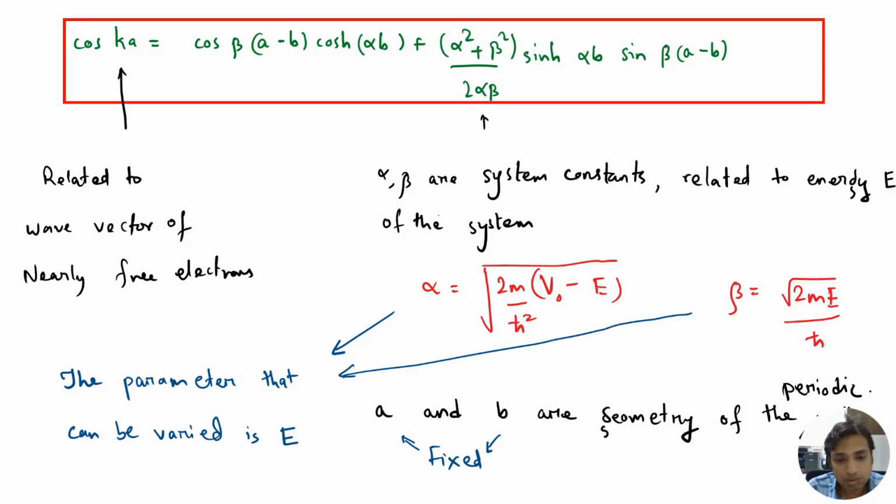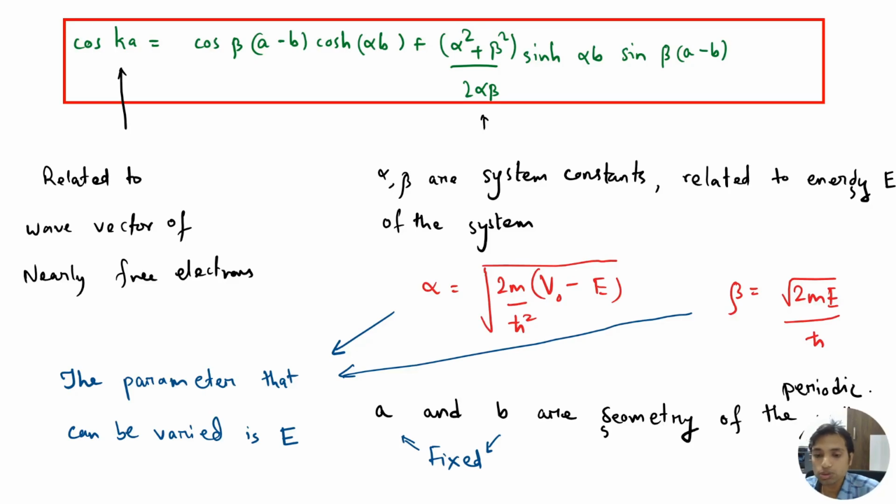On the right hand side we have an expression where the unknown variables are alpha, beta, A and B. A and B are fixed once we fix the potential, because A and B are the dimension and the periodicity of the well. So it has to do with the geometry of that potential.